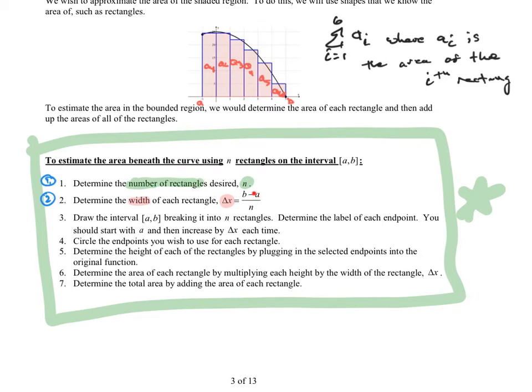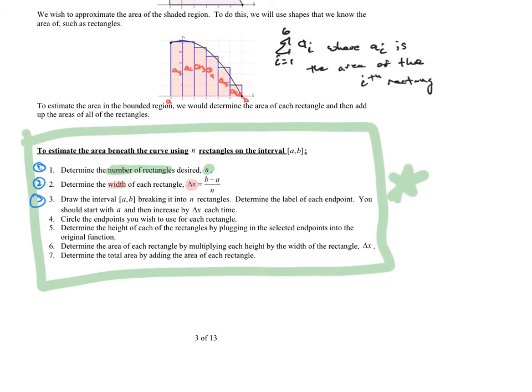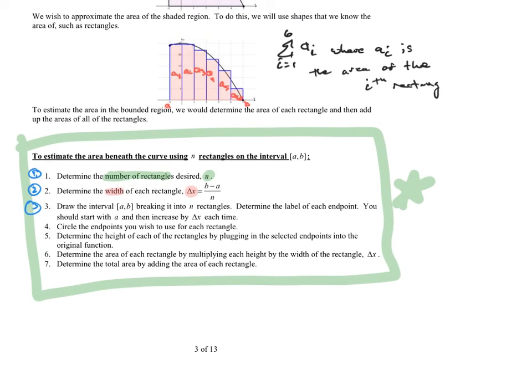So in general, how do you find the width of the rectangles? The right endpoint minus the left endpoint divided by however many there are. It's really just an average. Okay? So the third thing, what are you going to do once you do that? Well, I want you to draw that interval, and I want you to break it into those rectangles. Again here, let's consider this situation in the picture above.